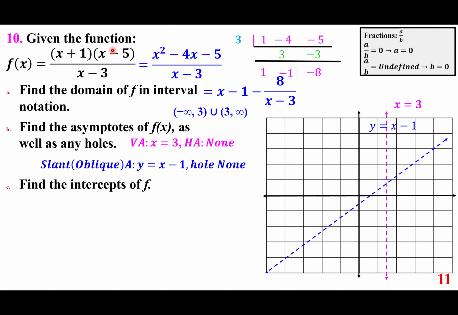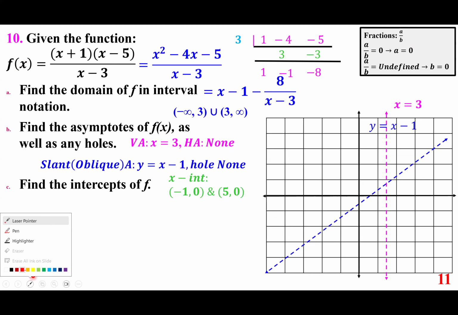So minus 1, 0 and 5, 0. This is negative 2 and this is positive 2. And then 5, 0, this is 2, this is 4, this is 6, so in between. So we have those.